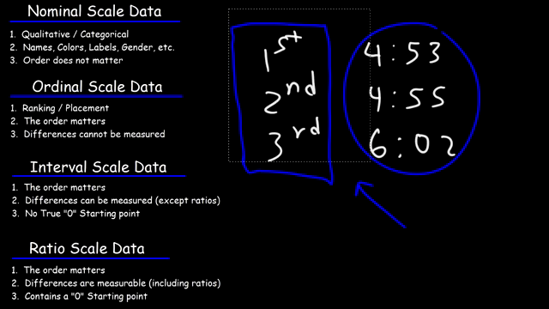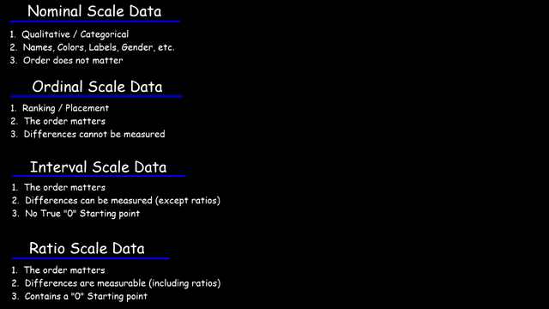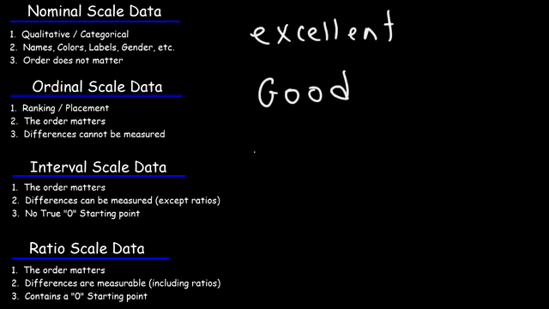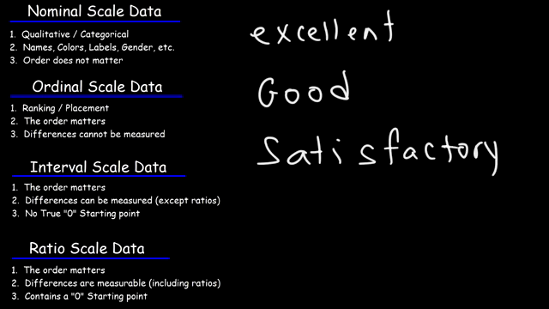So let me give you another example of an ordinal scale data. Let's say we're ranking experiences, and the options are excellent, the second one is good, the third is satisfactory, and the last one is just bad. In this case, we can't really measure the difference between excellent and good. However, we can assign them values.